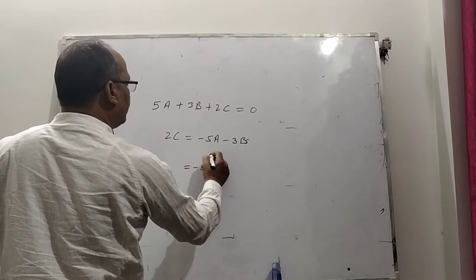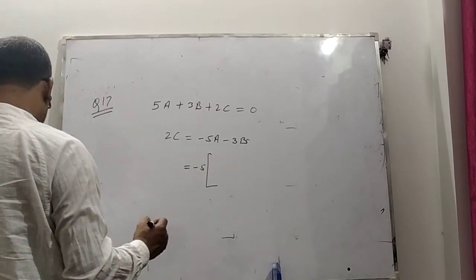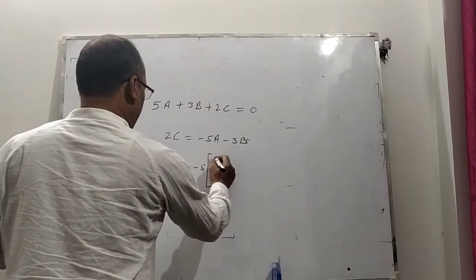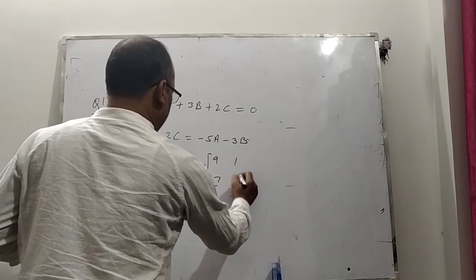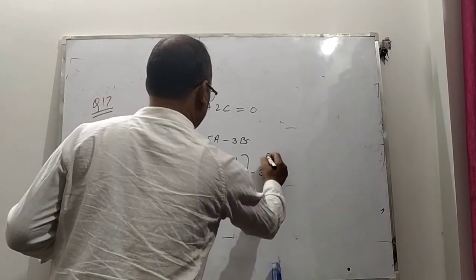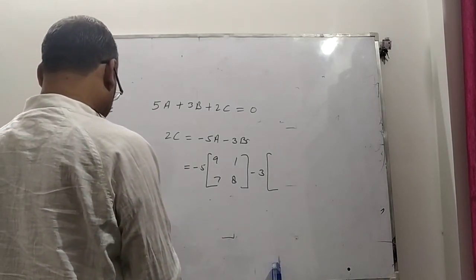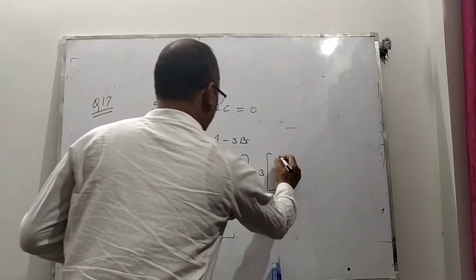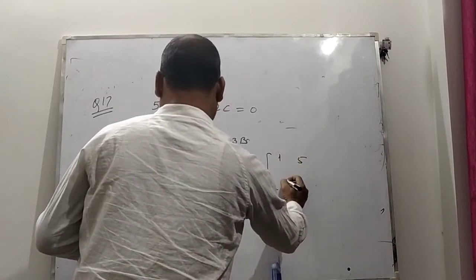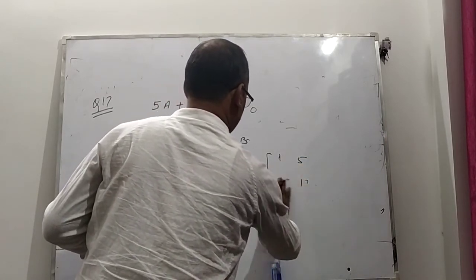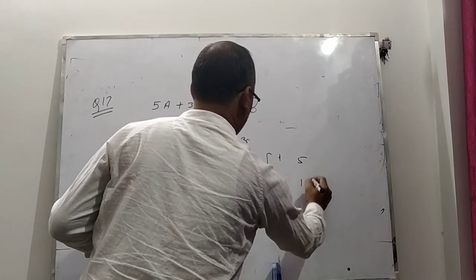Minus 5, what is A? 9 1, 7 8, minus 3, it will become 1 5, 7, 12.